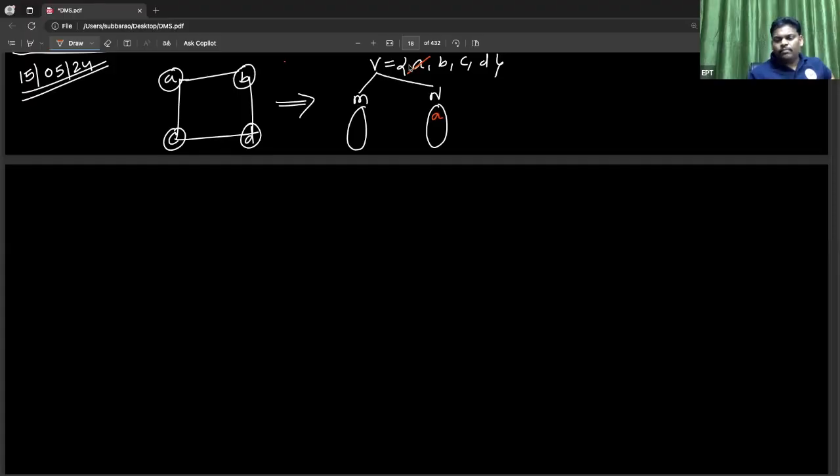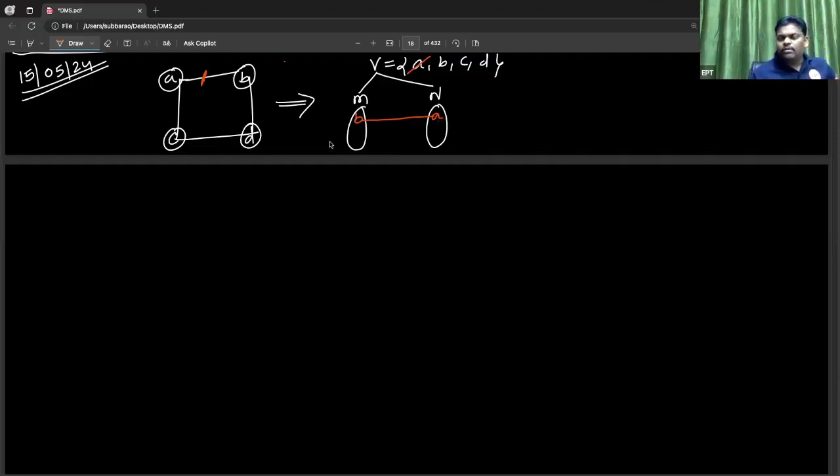Remember, if there is an edge between 2 people, definitely one corner will be in the M group and the other corner will be in the N group. Take any person first, keep in any group, now go to edges. A to B edge is there. A is already in the N group, so B should definitely be in the other group.